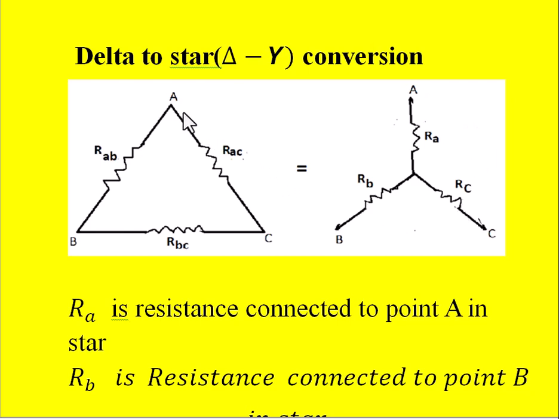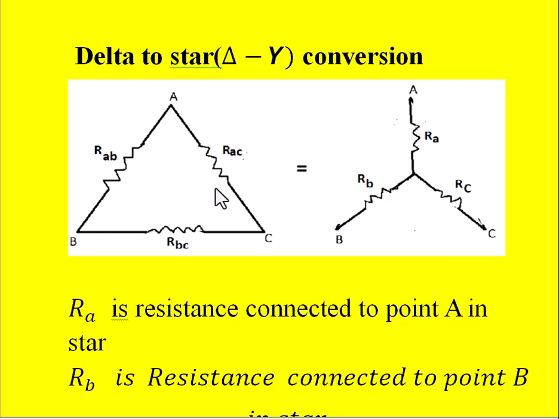And similarly, between A and C in the delta connected system, the equivalent resistance is RAC in parallel with RBC plus RAB. This RAB and RBC are in series with respect to terminals A and C. Similarly, in the star connection also, the resistance between A and C is simply RA plus RC, and RB is in hanging condition, so it will be neglected.